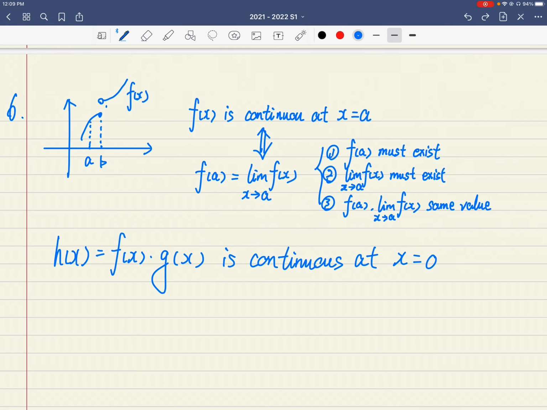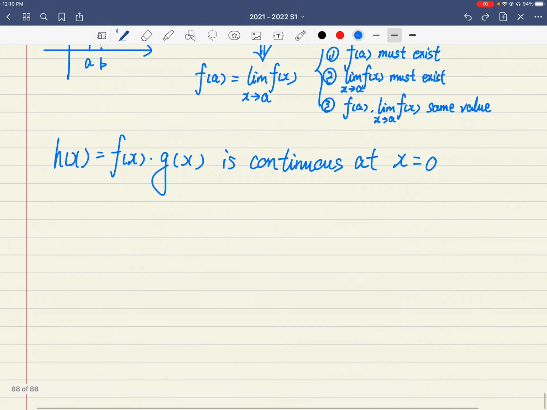When you are at the jump point, the function is not continuous. But since it's a product, even if the individual functions have jump points, they could have different jump points and compensate each other and make the product continuous.